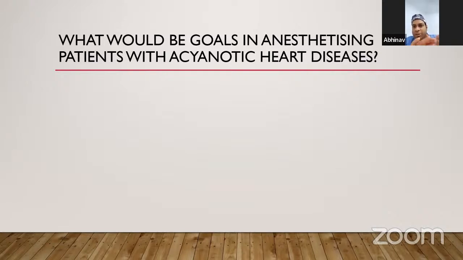So the diastolic blood pressure should be maintained at pre-induction levels. We would also not want the patient to go into any condition that would trigger a rise in pulmonary vascular resistance. So we should make sure that the patient is warm, does not have any acidosis, is well oxygenated, and the PCO2 levels do not rise much. Okay.